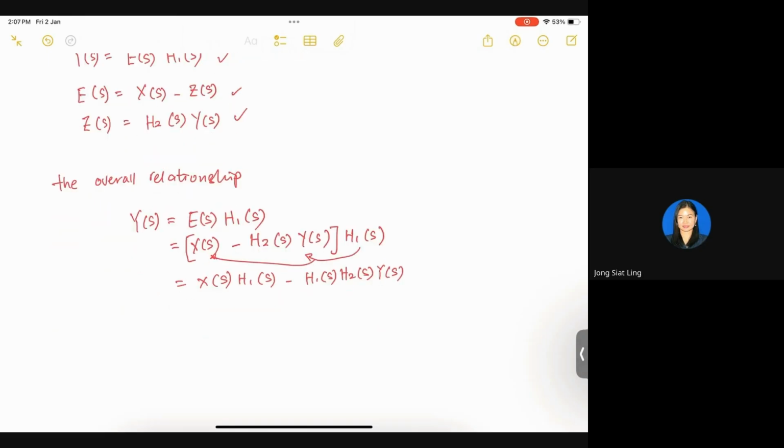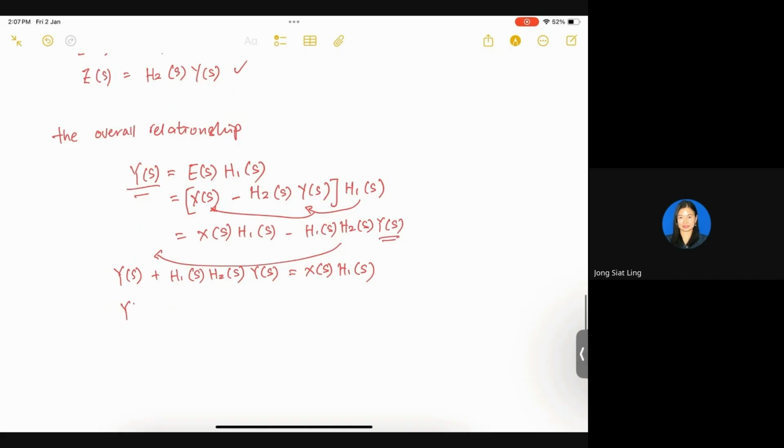Okay, so now we can simplify it. What is the output? Output is Y(s), and Y(s) we can collect together. So we bring this one to the left hand side. So it's Y(s) plus H1(s) H2(s) Y(s) equal to X(s) H1(s). So we factor out the Y(s), that will become 1 plus H1(s) H2(s) equal to X(s) H1(s).